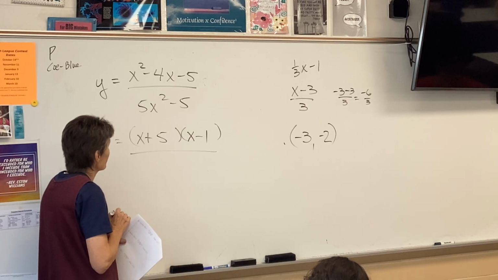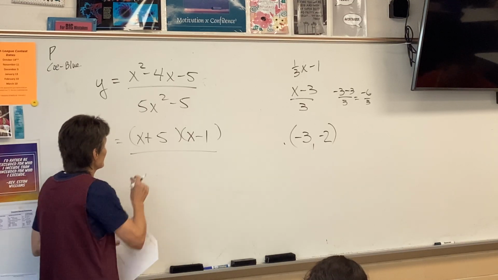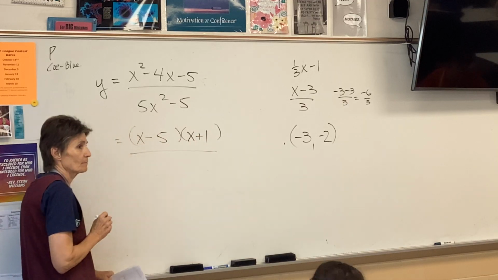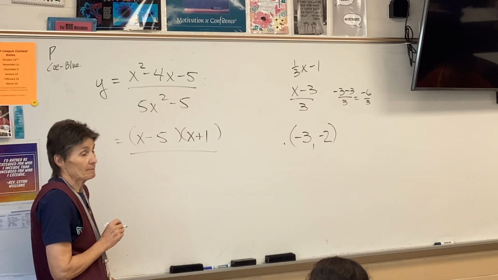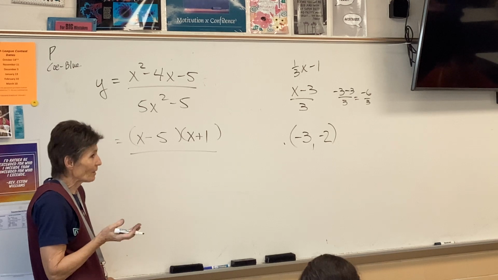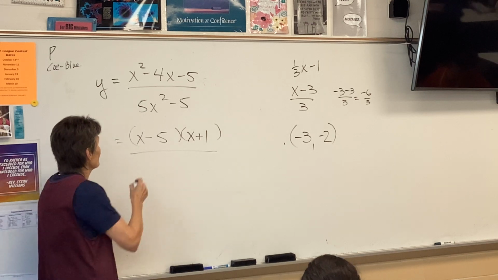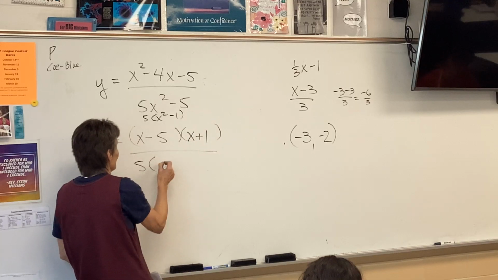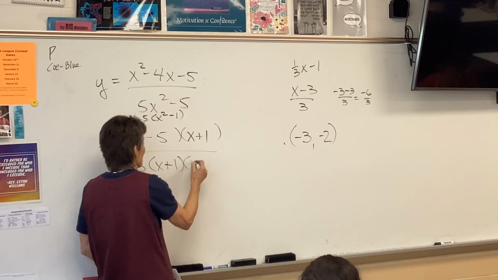Odds, what do you think? It should be minus 5 plus 1. Oh, come on. More than 5. It matters. You gotta get it right. 5x plus 4. We can take a 5 out. And then we have x plus 1, x minus 1.